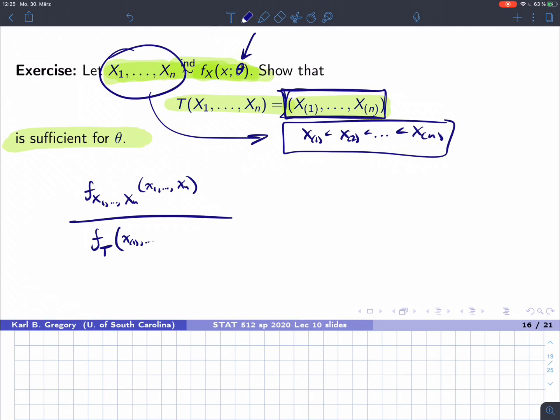So let's call them x1 through xn sorted. We'll emphasize dependence on the parameter theta by putting it there. So I want to check whether theta cancels out of this. Okay. So here's how we'll do that.